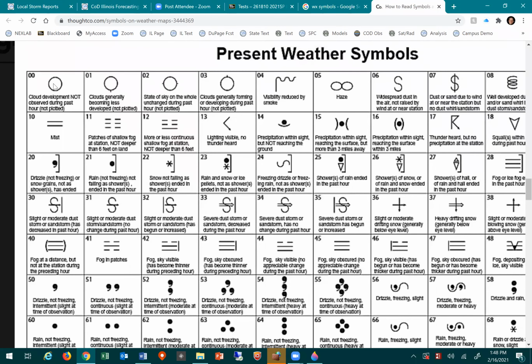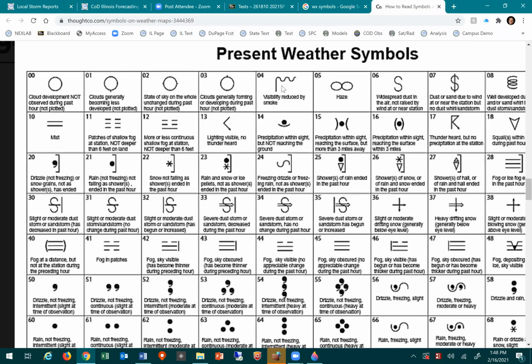Now, these you don't, well, here, one more. I want you to know this symbol, which is haze. The infinity sign is the symbol for haze. Those are the ones I will test you on. This one is cool. This is smoke.